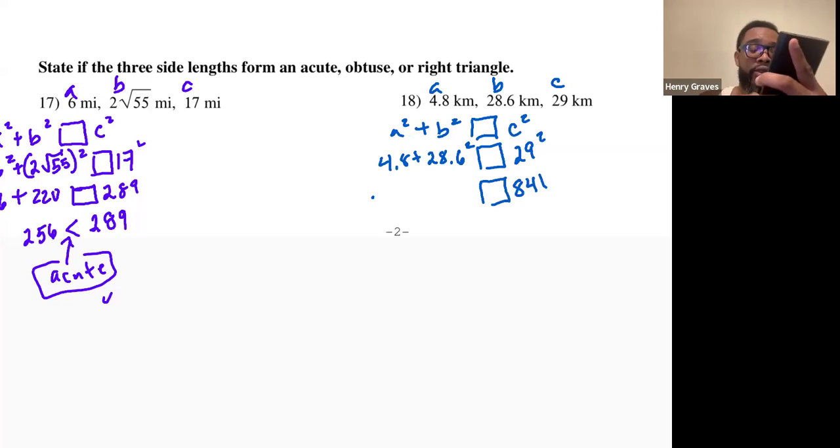And 28.6 squared is going to be 817.96. So add those numbers up.